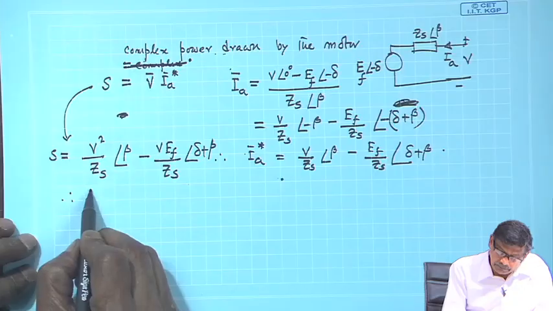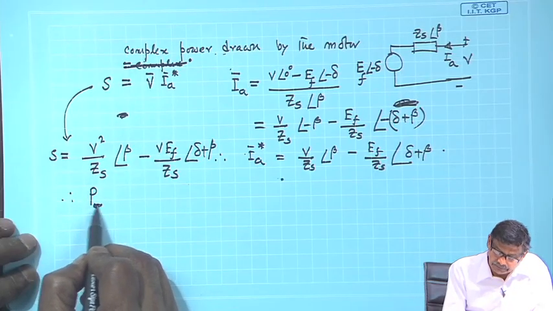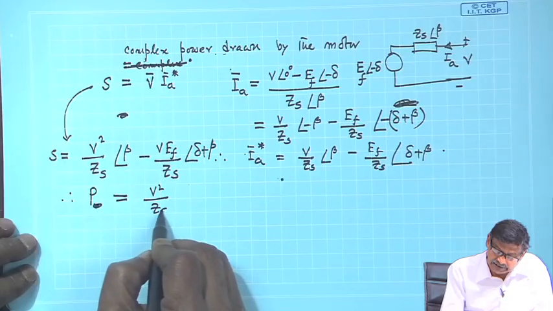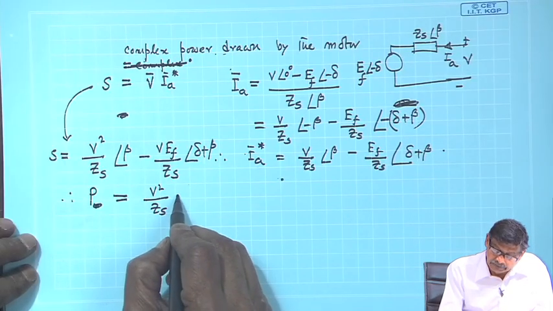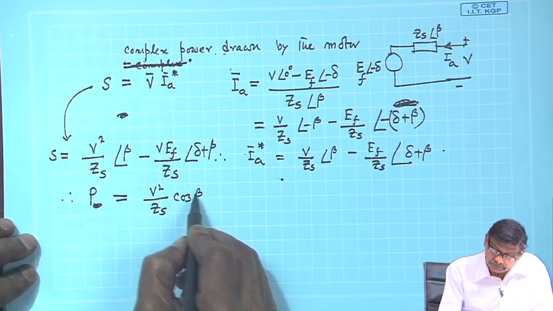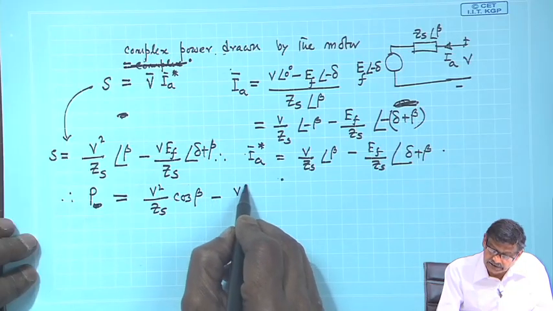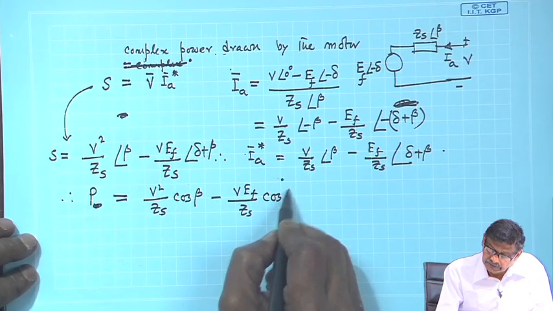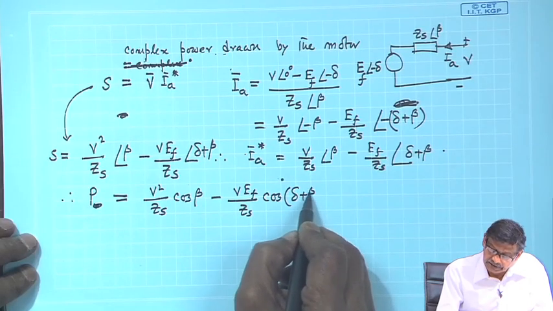Therefore, real power drawn by the machine, the P part, will be V square by Z s cos beta minus V EF by Z s cos (delta plus beta).